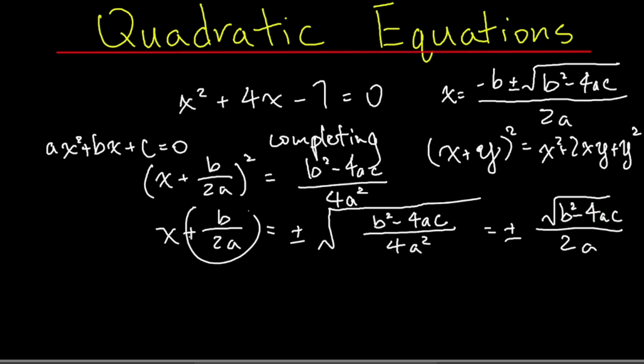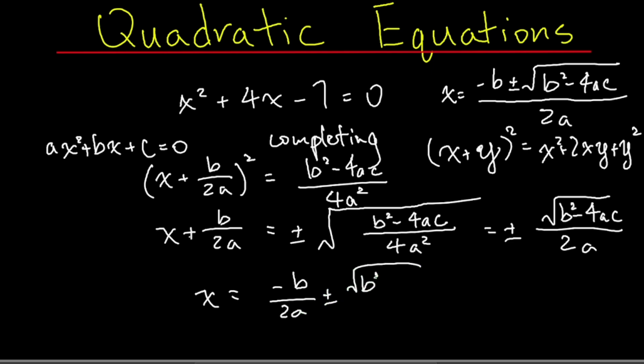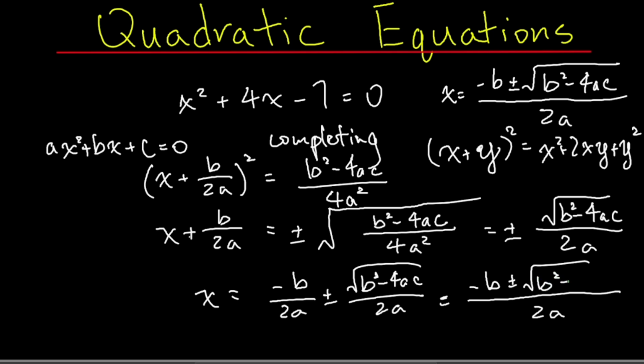Then we can move this to the right hand side, and we're left with x = −b/2a ± √(b² − 4ac)/2a, which is equal to (−b ± √(b² − 4ac))/2a.